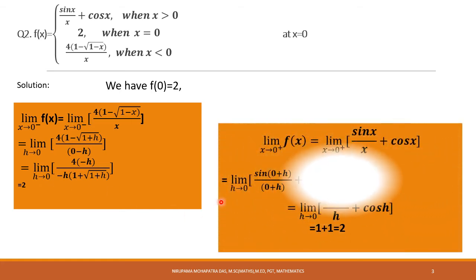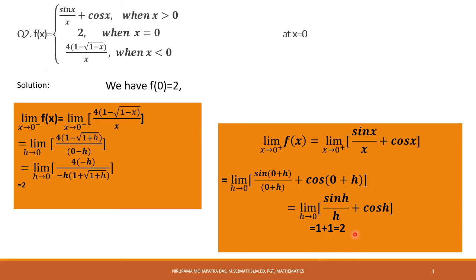Now coming to the right hand limit, limit x approaches 0 plus f(x). When x is more than 0, f(x) equals sin x by x plus cos x. So we are using this. So limit h approaches 0, sin(0+h) by (0+h) plus cos(0+h), and we are getting sin h by h plus cos h, limit h approaches 0.